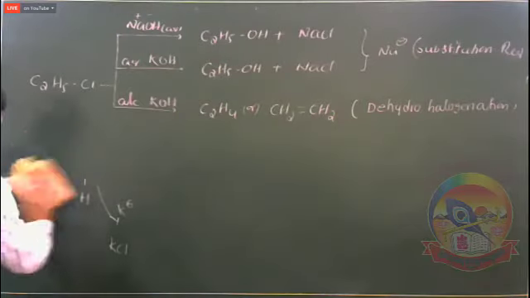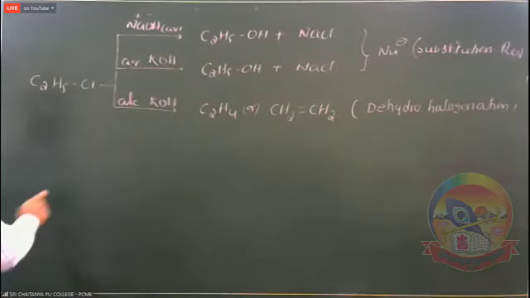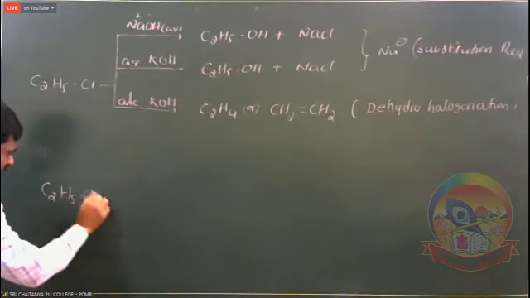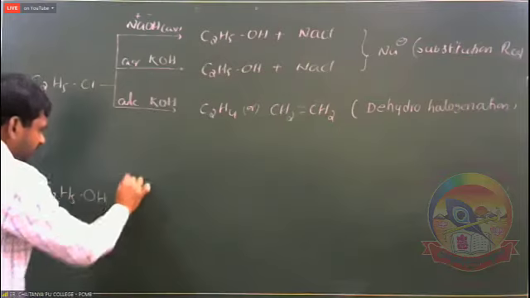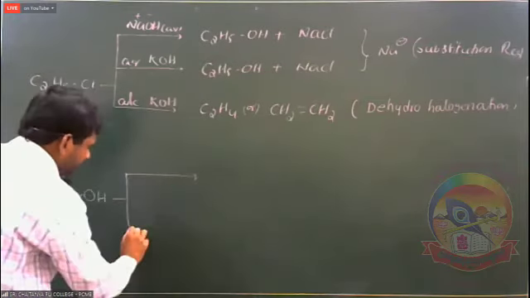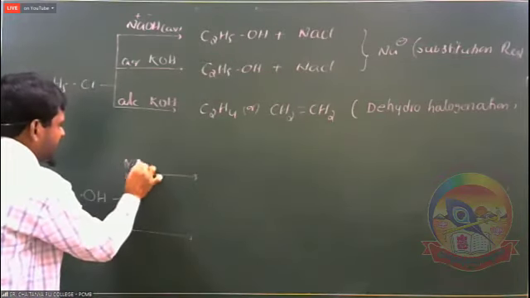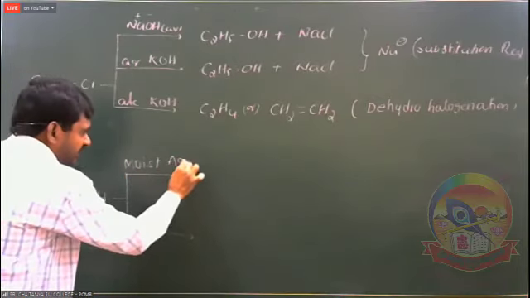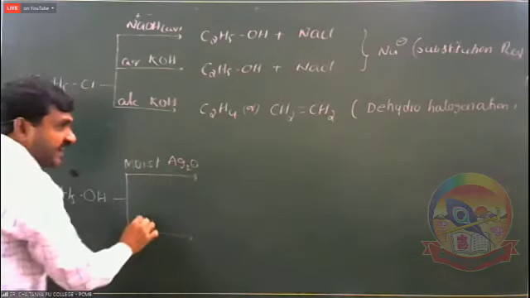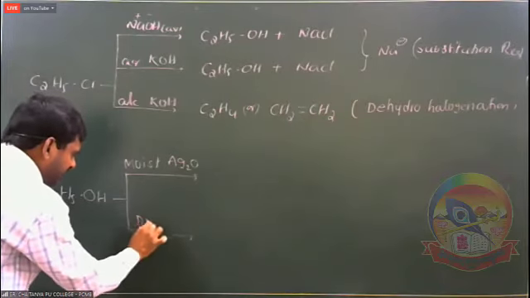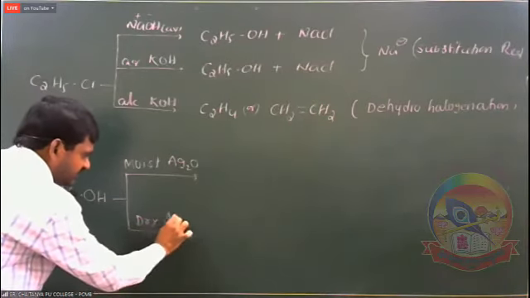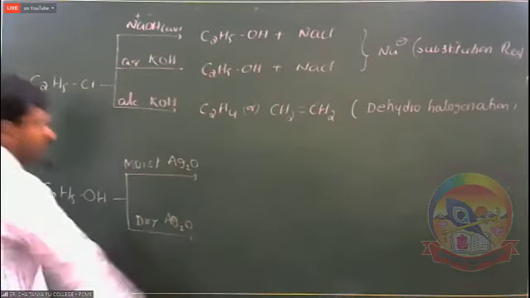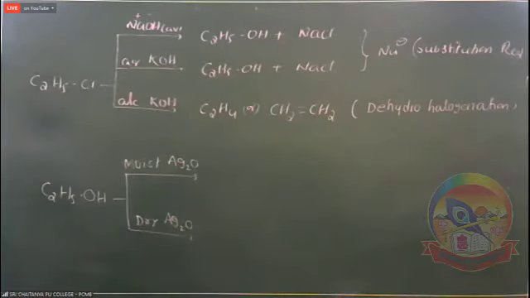Next one. Ethyl chloride, C2H5Cl, is treated with moist silver oxide, and treated with dry silver oxide, Ag2O.